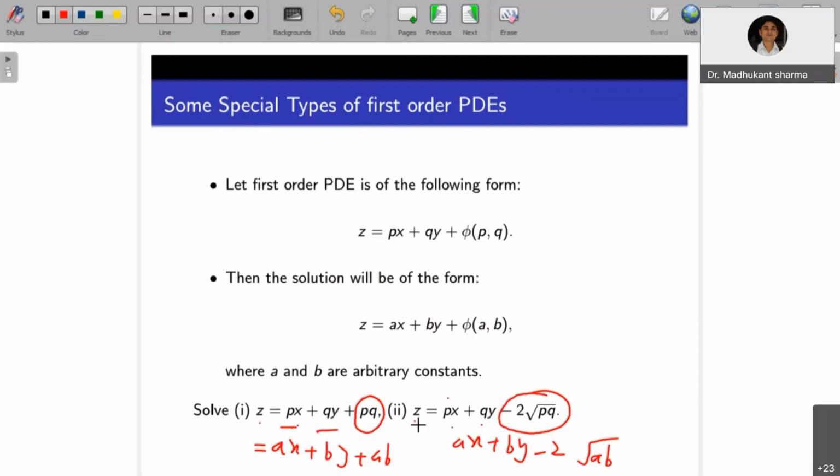The general solution will be this. Because your aim is to obtain a family which is associated with this given PDE, there may be multiple families, because we have seen this already.